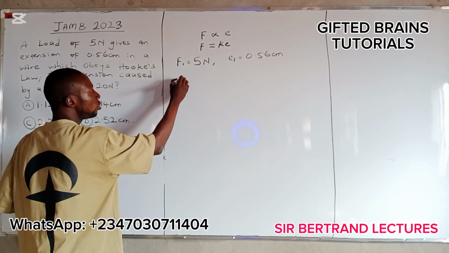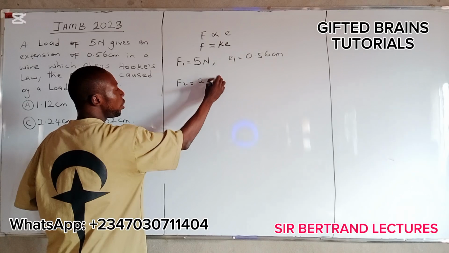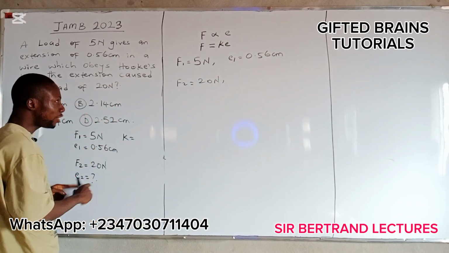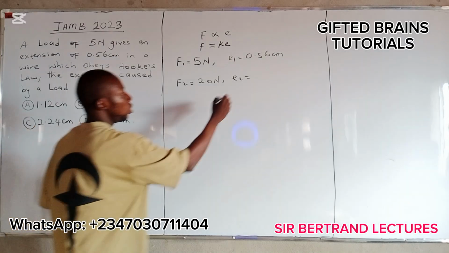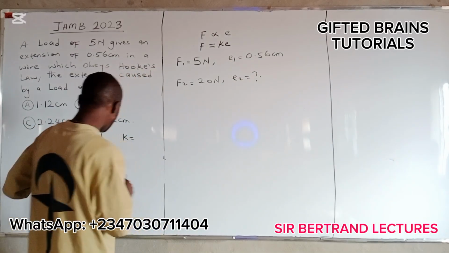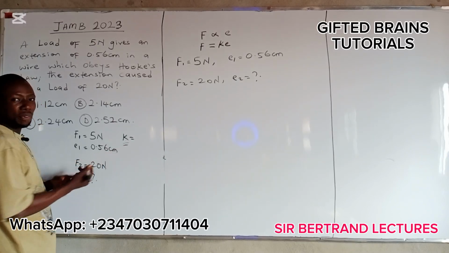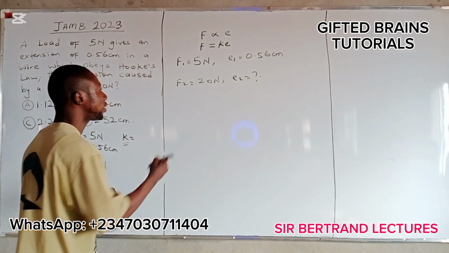Then F2 equal to 20 Newton, E2 equal to unknown. Now, like I said earlier, we are going to find the value of the constant since it is not given in the question.